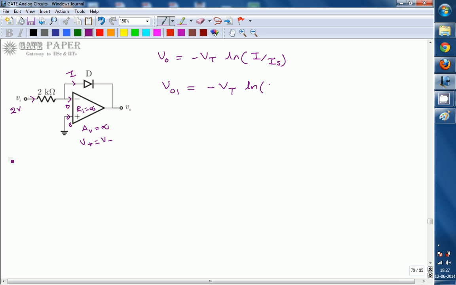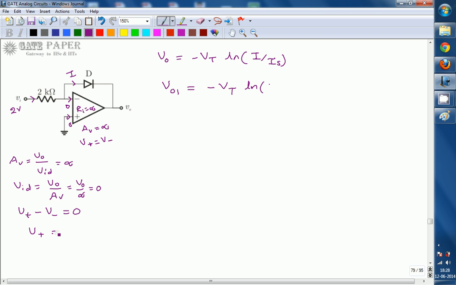The voltage gain of an op amp is the output voltage divided by the input difference voltage, which is ideally infinite. So Vid is equal to V0 divided by Av, and V0 divided by infinite is 0. The input difference voltage, the voltage at non-inverting minus the voltage at inverting terminal, is equal to 0.